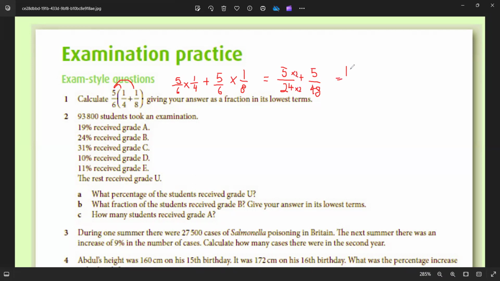We'll get 10/48 plus 5/48. Then we can sum it, which will get 15/48. But it's not the lowest term, so we'll divide by 3 and you'll get 5/16.